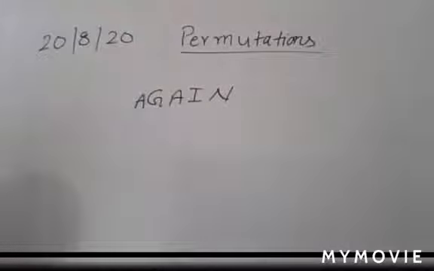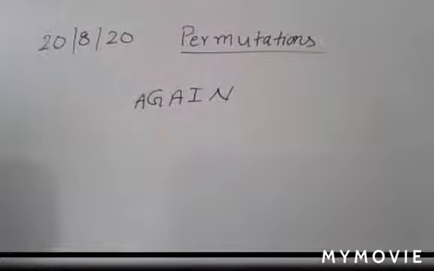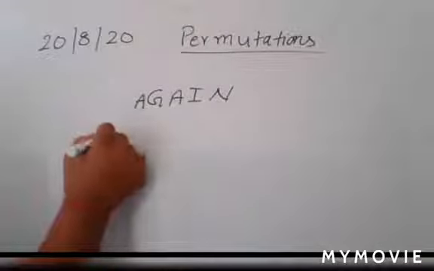Understand? So just try to solve, and what you do: first of all, you write the given letters in alphabetical order. So you write, arranging the letters in alphabetical order. So if you arrange, what do you write?